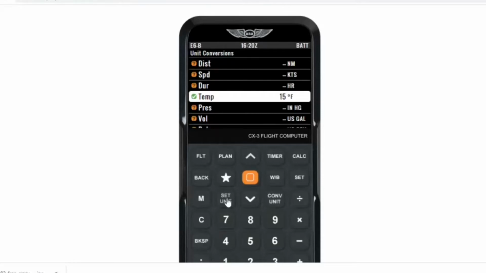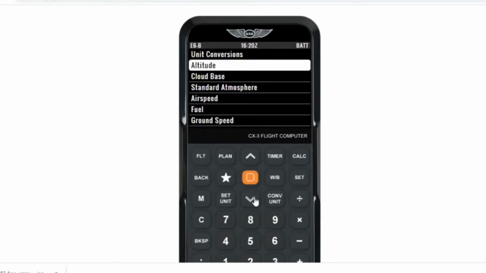Or if I accidentally left it in Fahrenheit, I can change the unit here with the set unit. So you have these two buttons to either convert it from one to the other or to change the unit. And when you type something in here, it actually will remember that when you go to do other calculations.